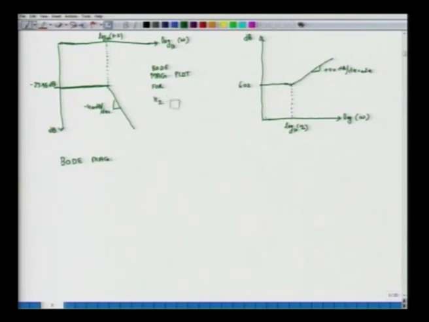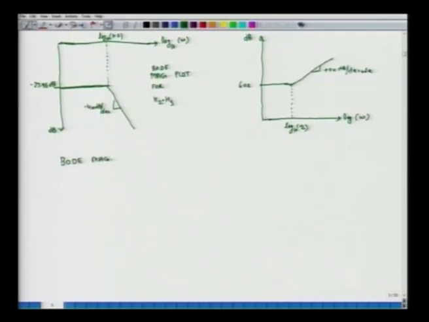Just to be mathematically consistent, the earlier plot is a Bode magnitude plot for a function equal to H2 times H3, not H2 plus H3, but rather H2 times H3.